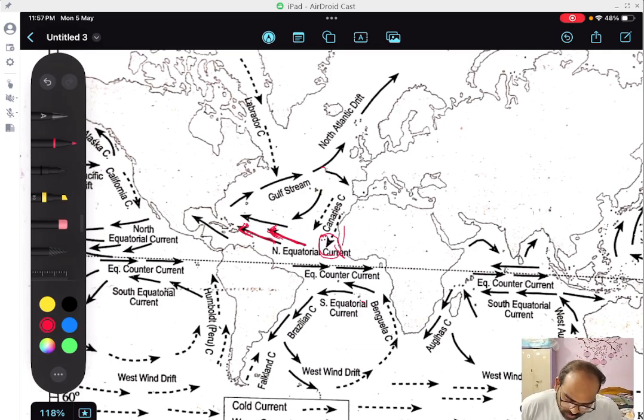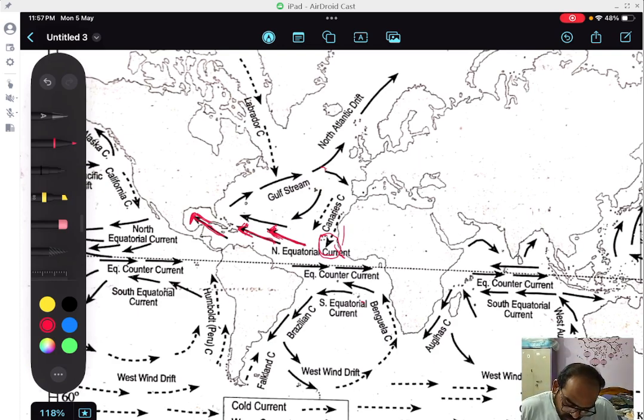So the north equatorial current travels towards the north of Brazil. It hits Brazil, and one stream will go into the Antilles region, the Caribbean islands region, and another branch will go like this. It covers the Antilles region, and the one that is moving towards the north travels as the Gulf Stream.